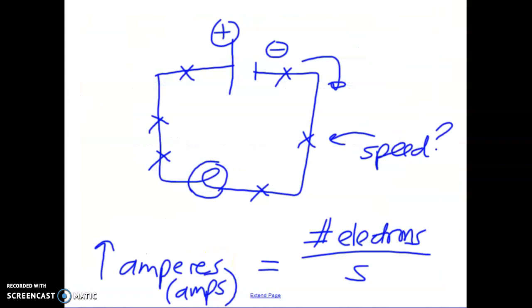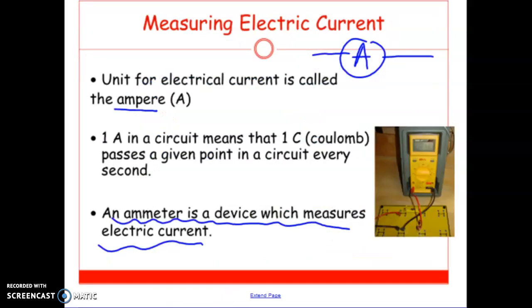And remember, when we're measuring current, it has to be somewhere along the wires. So 1 amp in a circuit means that 1 coulomb passes in a circuit every second, which I've already mentioned. So the higher the amount of amps, the more electron packets that are passing by in every second.